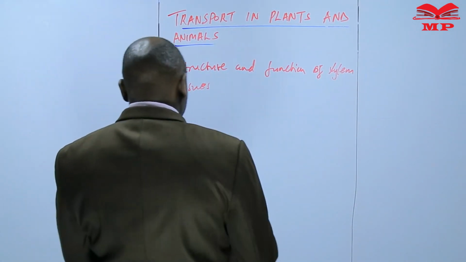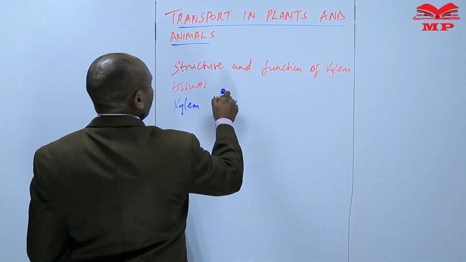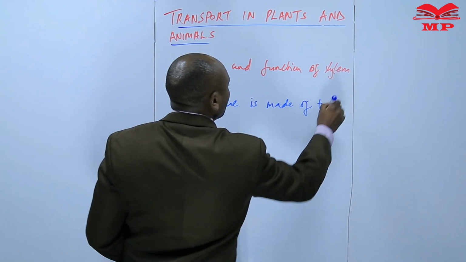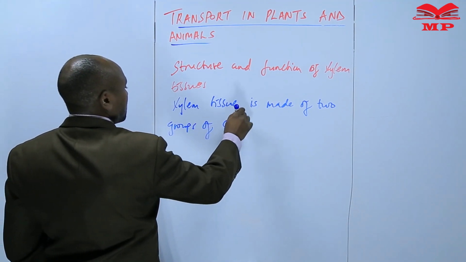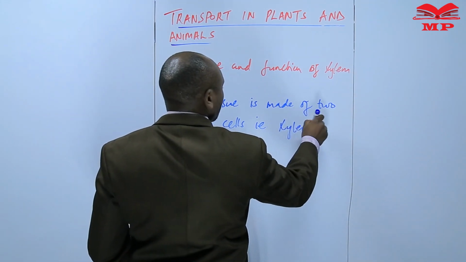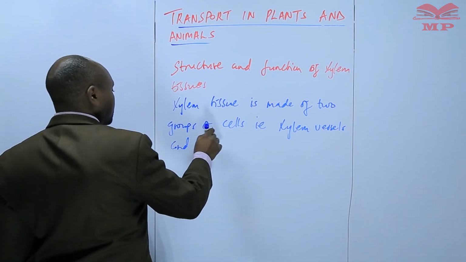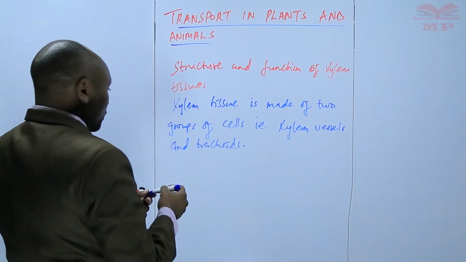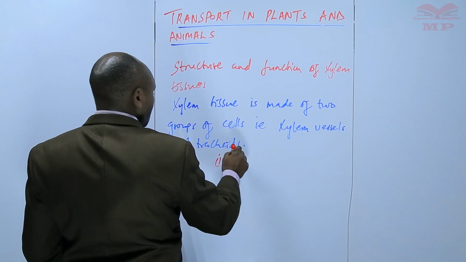So basically we can say that xylem tissue is made of two groups of cells, i.e. the xylem vessels and tracheids. Now, we are going to start with the first one, which is the xylem vessels.